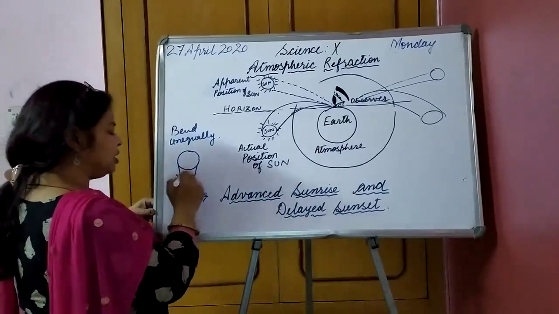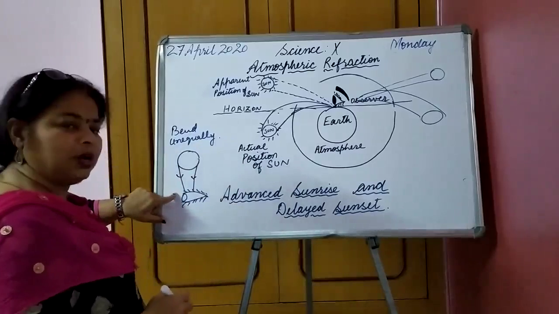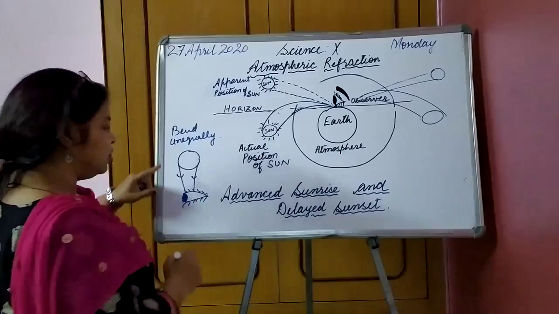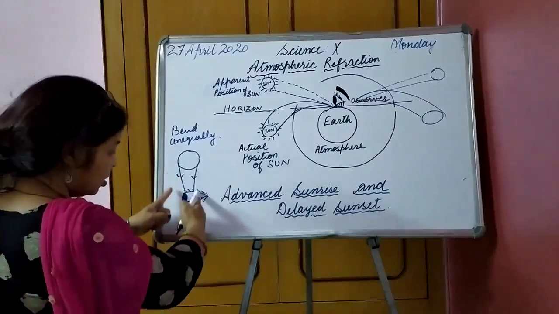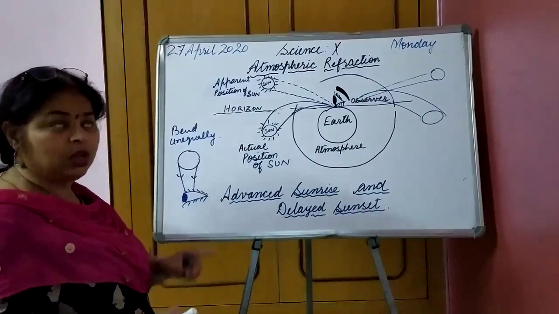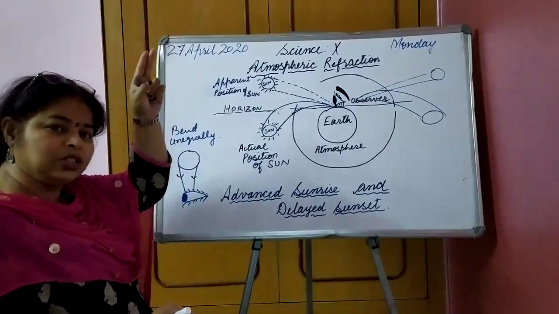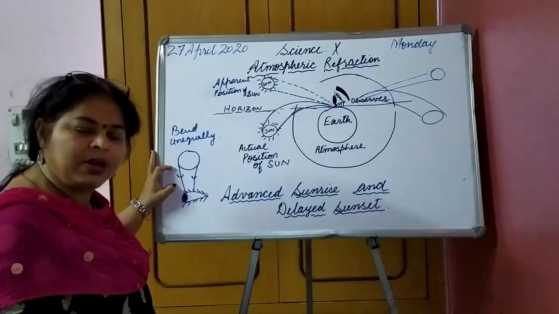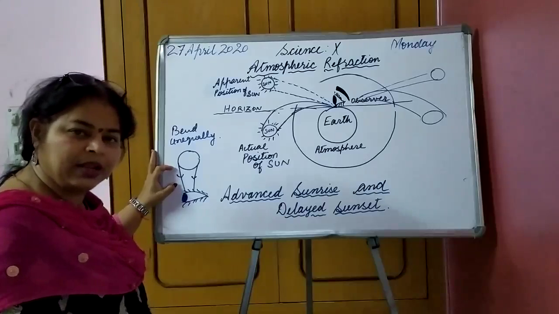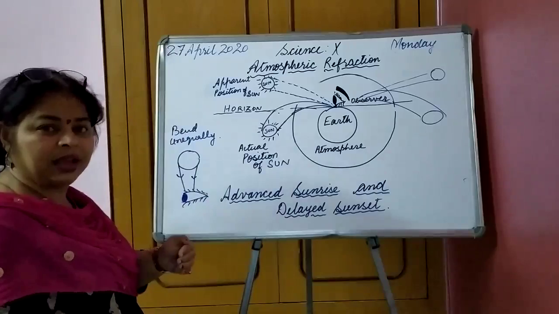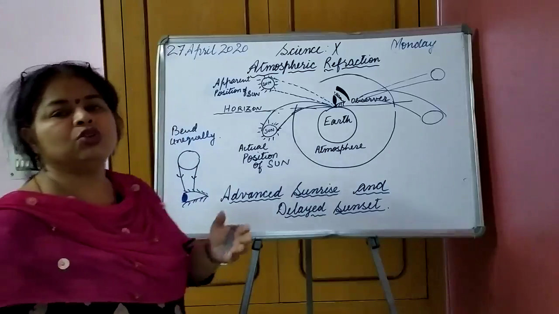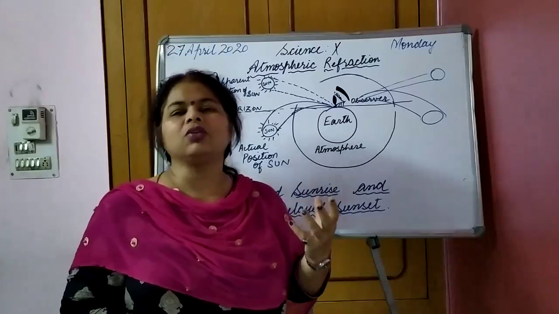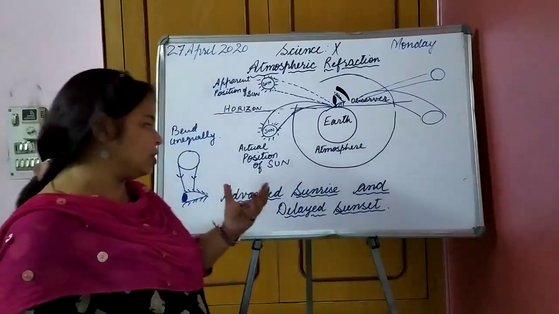The rays coming from the sun towards the observer's eye are not unequal, they are equal, because it is an overhead condition. So at that time there is no bending of rays taking place. The rays are not bending when they are coming at a 90-degree angle. So they come straight, and it appears in a circular form.